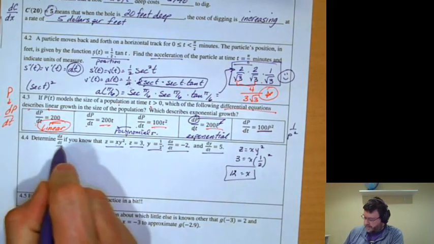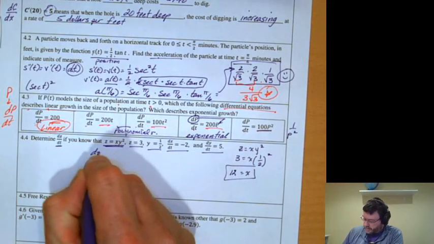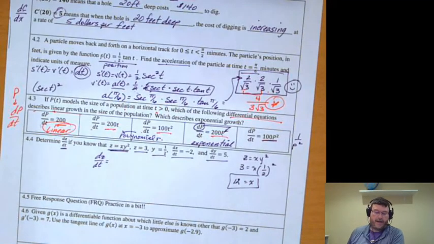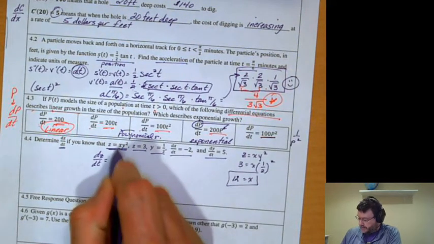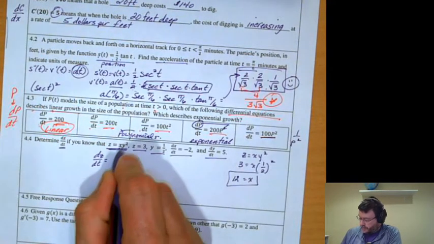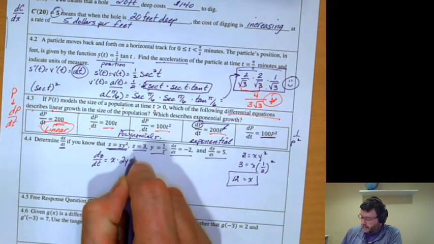All right, dz/dt. Notice there's my dz, dz in terms of t. Because there's an x and a y, there is not a t. So anytime I take the derivative, now I'm going to have to use the product rule here. So the first, which is x, times the derivative of the second, which is 2y.